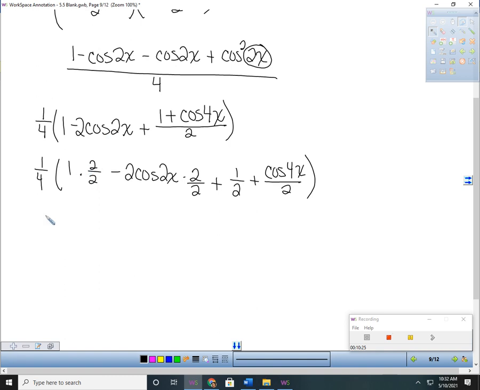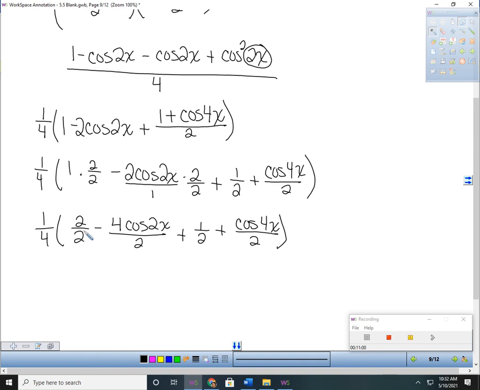So now I'm just going to multiply. 1 times 2 over 2 is 2 over 2 minus, and remember this is on top of 1, so I just multiply top and bottom. Negative 2 cosine 2x times 2 is negative 4 cosine 2x over 2. Then I have plus the 1/2 plus cosine 4x over 2.